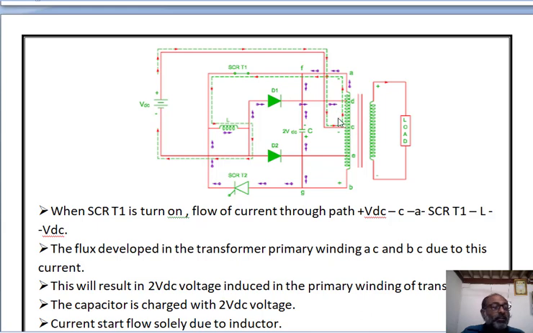So whatever energy is stored in the capacitor is transferred to this upper part of the primary winding.